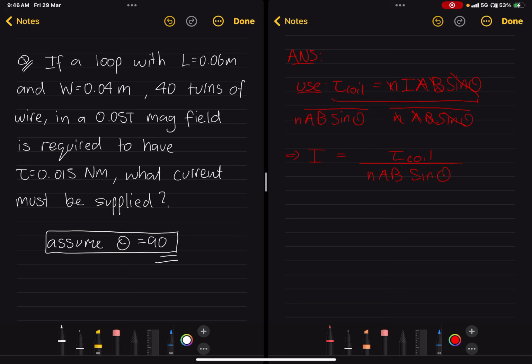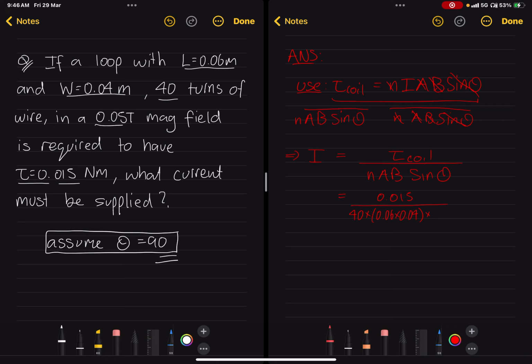Now we have everything. We have the torque on the coil, 0.015, which is the required torque. N, the number of turns, is 40. A, the area, is going to be the length times the width, so this will be 0.06 times 0.04.